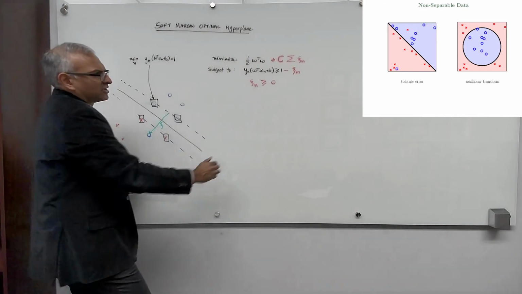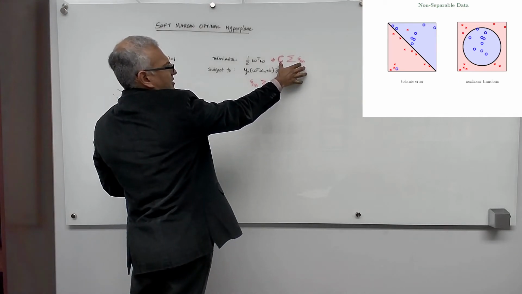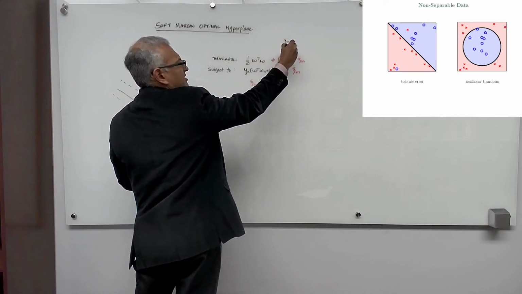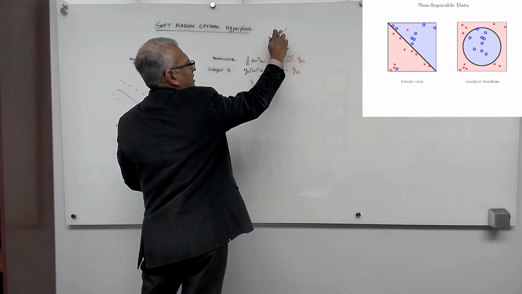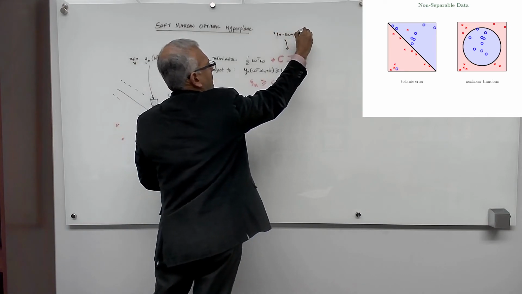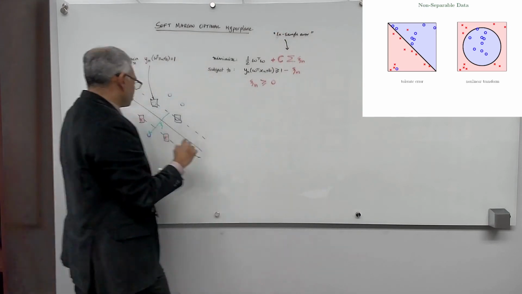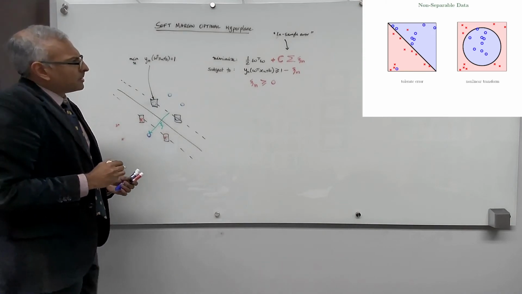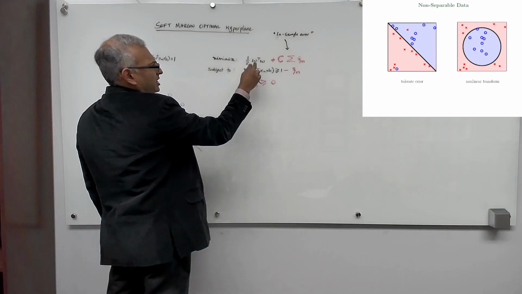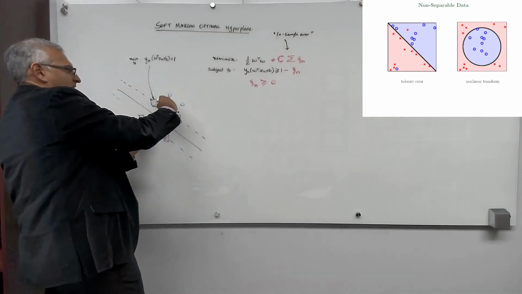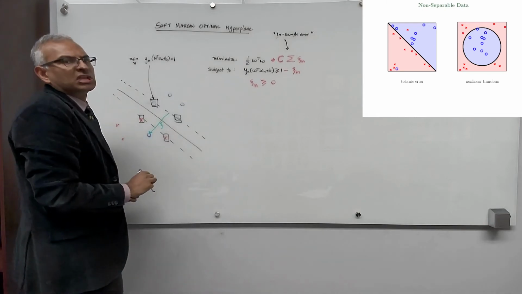In some sense, I've tried to minimize the sum of the penetrations. You can think of the sum of the penetrations as an in-sample error with respect to the fat separator. What we're doing is trading off the fatness of the separator with the in-sample error. The fatter I try to make my separator, the more penetration I'm going to get.